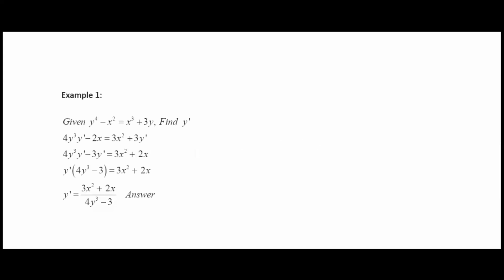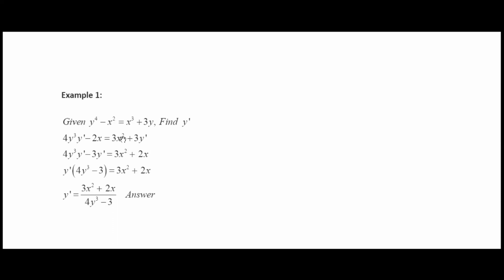So let's look at example 1. y to the fourth minus x squared is x cubed plus 3y. Find y prime. So let's go through our menu. Derivative of y to the fourth is 4y cubed. That's a y term, put a y prime with it. Derivative of x squared is 2x.